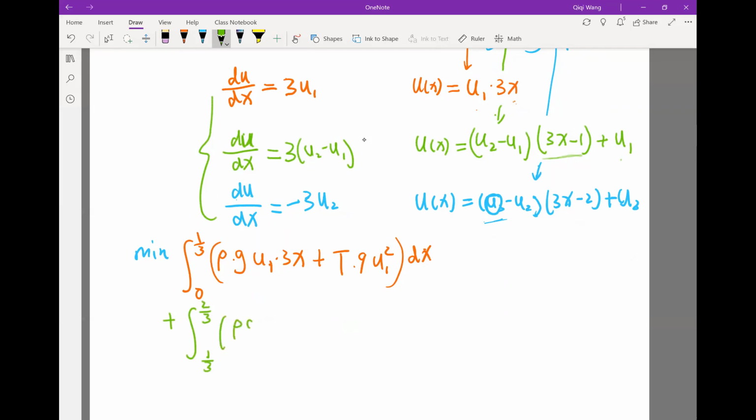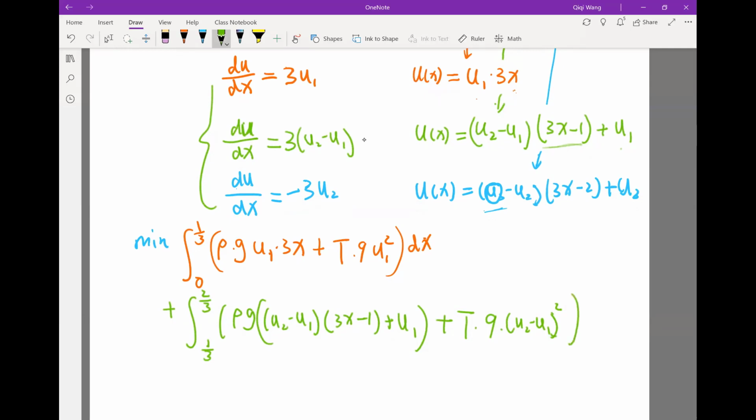And our second element is integration from 1/3 to 2/3. We have rho g. Now we have this looking like a complex function here, u2 minus u1 times 3x minus 1 plus u1. Let's put a parenthesis over here, plus t times 9 of u2 minus u1 squared. Okay, that's multiplied by dx. That's our second element.